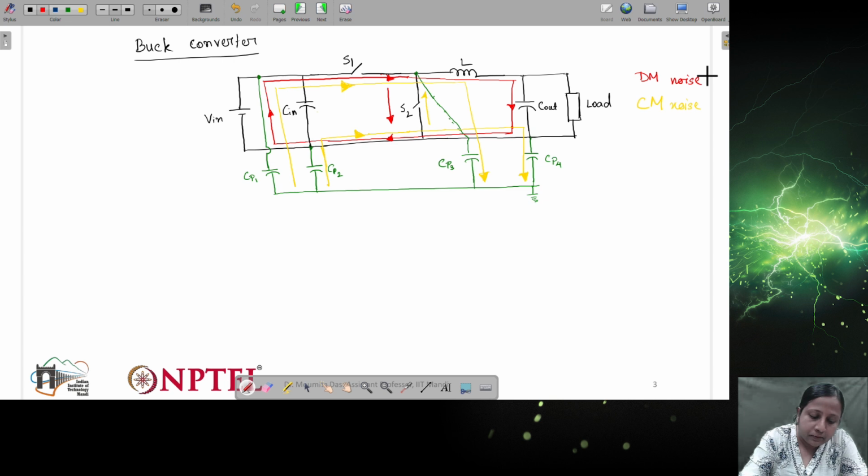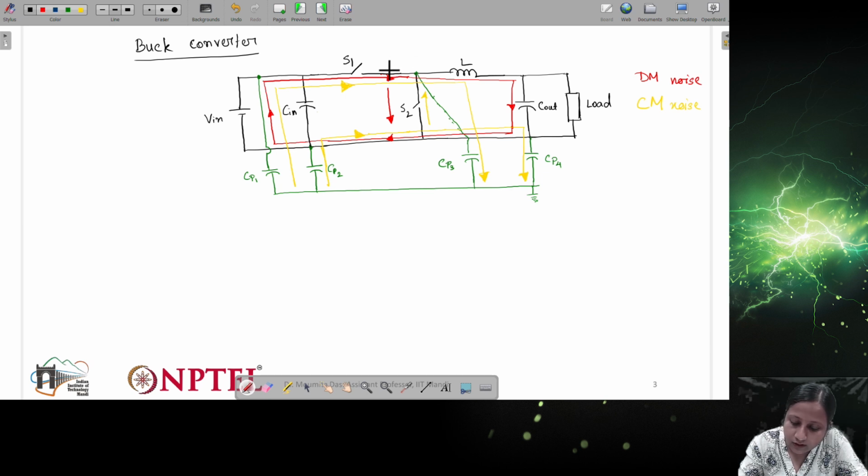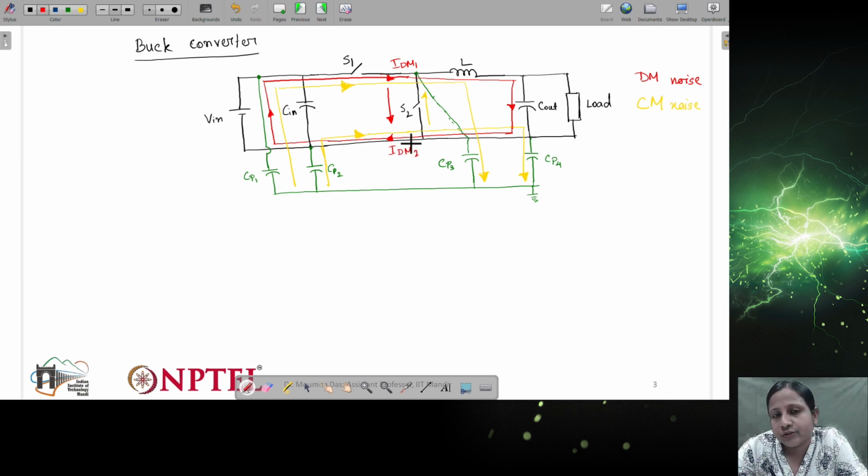If I try to represent these two different currents of the differential mode, basically IDM1 when it is going forward, and then IDM2, they are opposite, meaning IDM1 and IDM2 have different sign, different arrow.